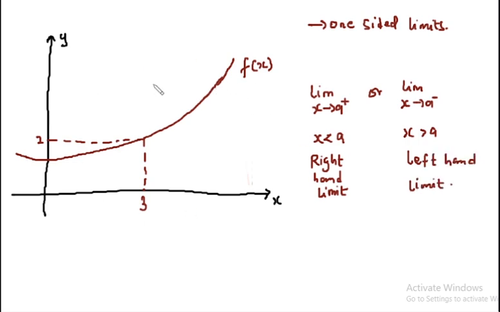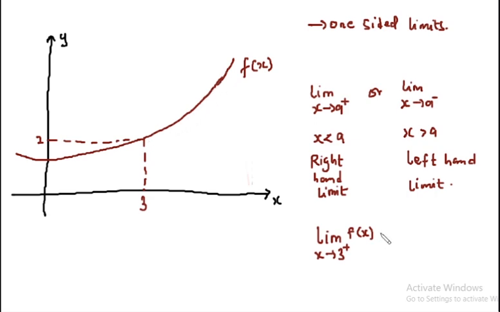Let's look at this example and see what our answer would be for the left hand limit and the right hand limit. So let's say we have the limit as x approaches, the key number we're looking at here is 3. So as x approaches 3 for the right hand limit of f of x, if you notice, as x is approaching 3, we are getting closer and closer to 2.